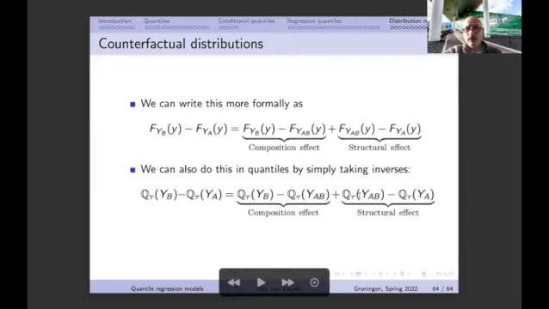And here we look at what the A population would have had if they would have been paid like the B population minus what they have when they are just paid like the A population. You should realize that no matter whether we look at distributions or quantiles, the first is usually called the composition effect, and the last is usually called the structural effect.